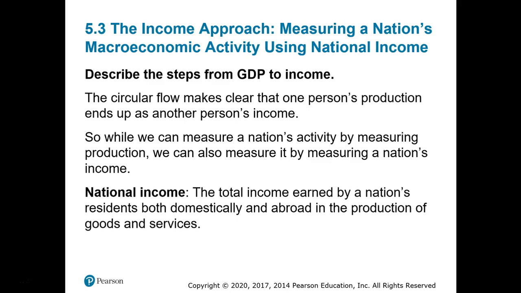If we look at everything that we pay, all the revenue the companies made, all the wages people made, everything the government spent on goods and services, and add all that money up, then we come up with a national income. That total income is basically earned by everybody, whether we're here domestically or abroad.